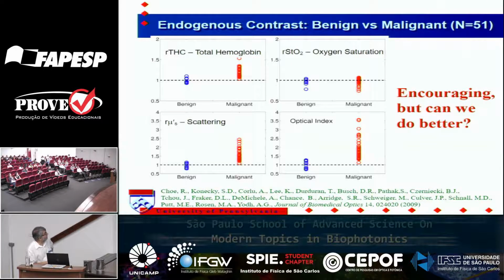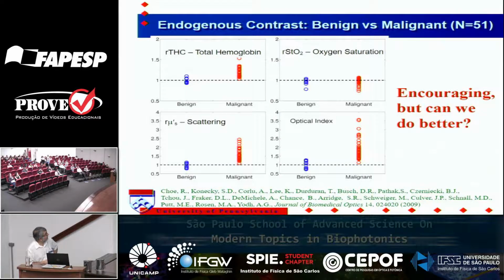And so basically, this is a plot I'm showing of our malignant and benign lesions. I think this is about 50 patients. We normalized everything, right? So we're comparing always to the average value in the breast. And so you can see that there's a contrast.